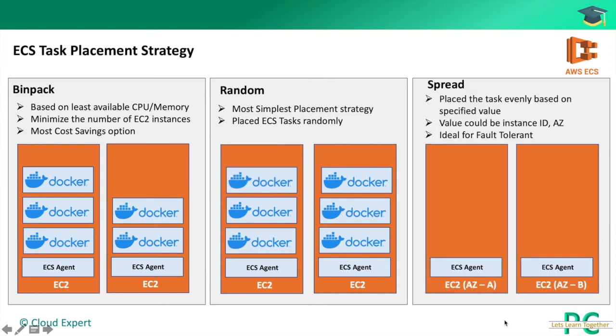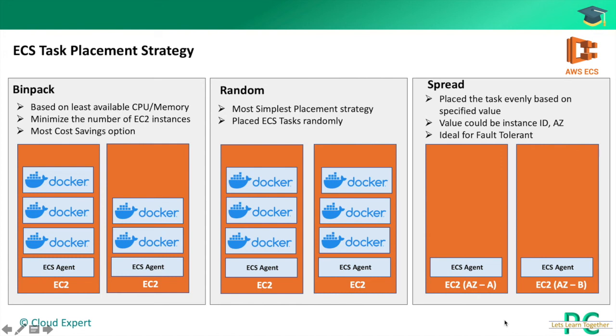The third strategy is spread. Under this strategy, tasks are placed evenly based on the specified value. Accepted values are instance ID or any platform or custom attribute that is applied to a container instance, such as ECS availability zone.